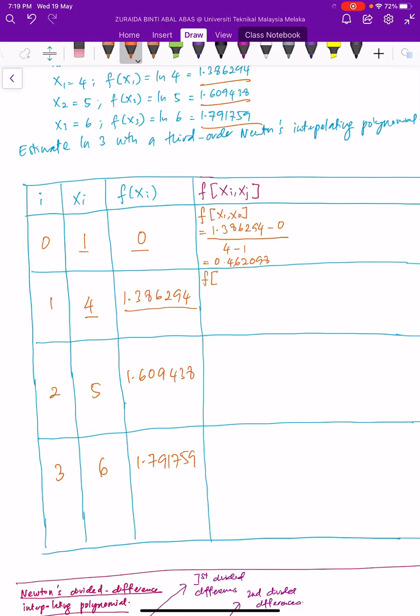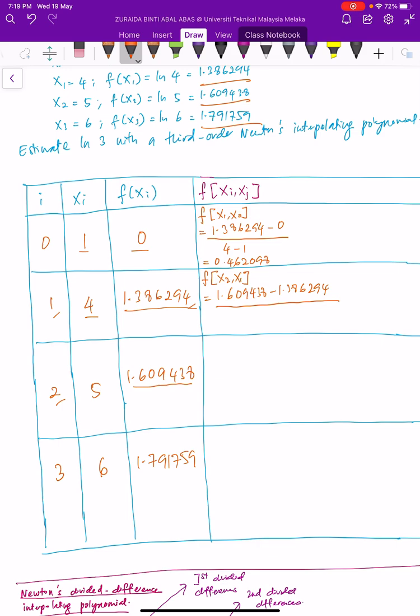Next, you need to get the first divided difference, but this time it's a combination of x2 and x1. So the value for the function at x2 is 1.609438 minus 1.386294, divided by x2 minus x1.